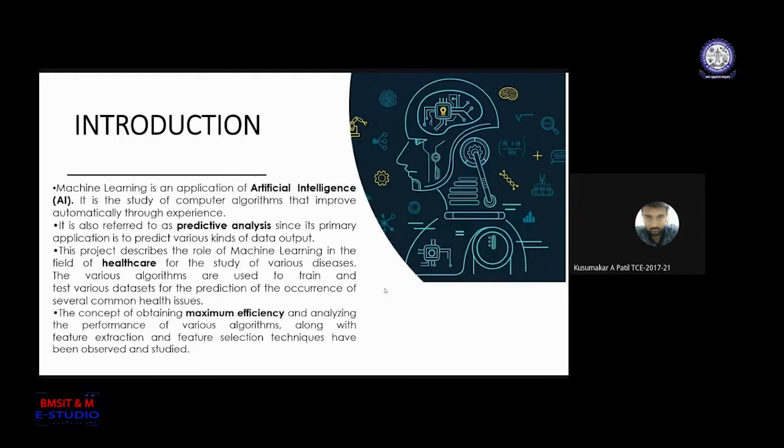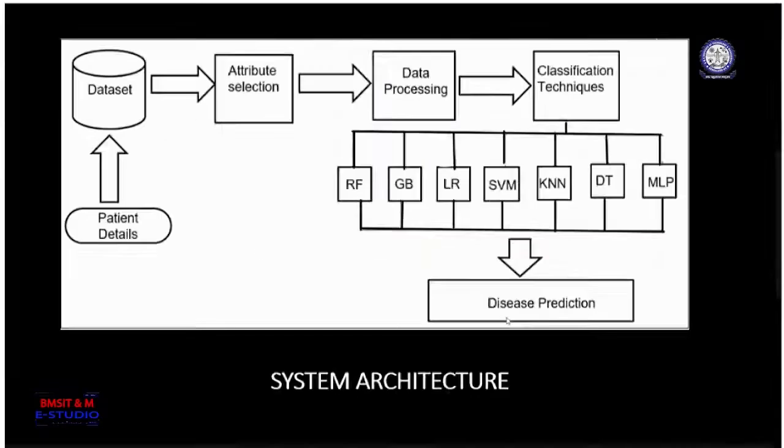We probably use them dozens of times a day without even noticing it. Since its primary job is to analyze and predict the output from the data, it is also called predictive analysis. Machine learning algorithms are a part of healthcare right now. So we can predict important clinical events and forecast treatments that a patient might need. Those are really important for healthcare.